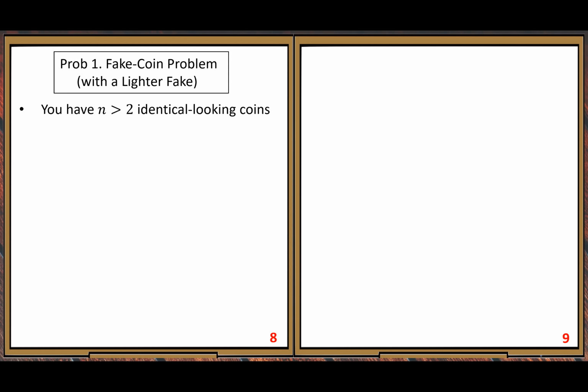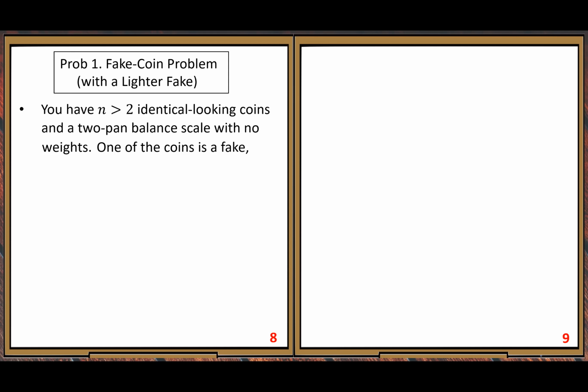But they look the same, so you cannot find the fake one just by looks. But you can use a 2-pan balance scale with no weights. You can only put coins on the 2 sides of the balance scale.